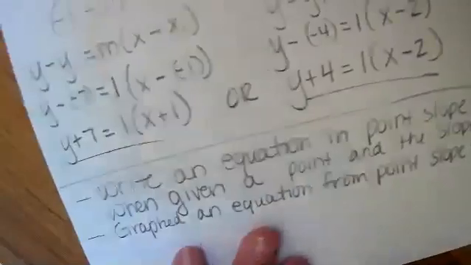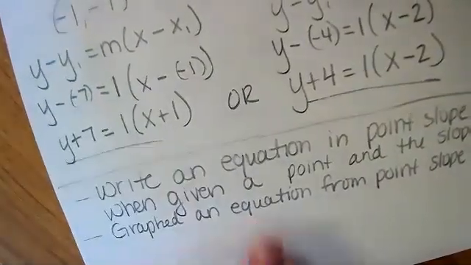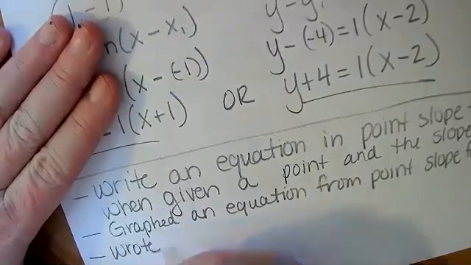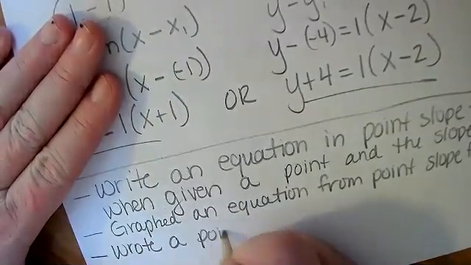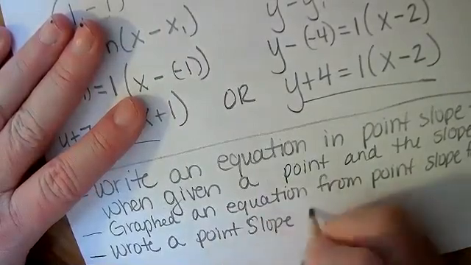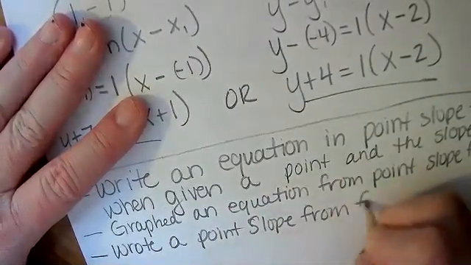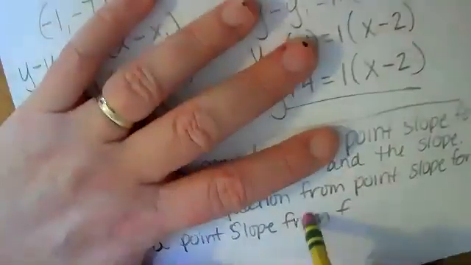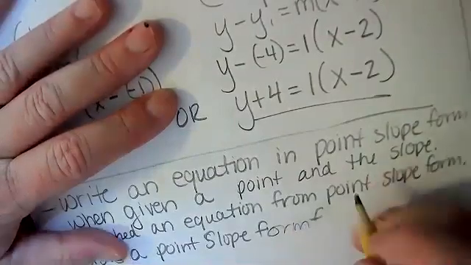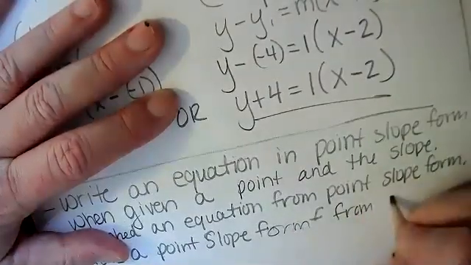Then let's see. We did that. Oh, then we wrote an equation in point slope form from a graph. Might help if I write this correctly. Point slope form when we were given a graph.